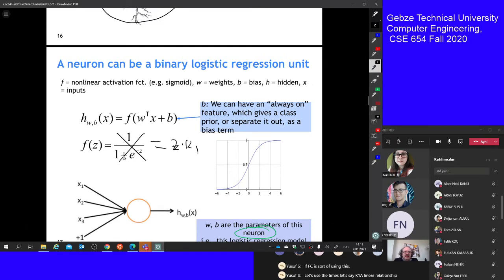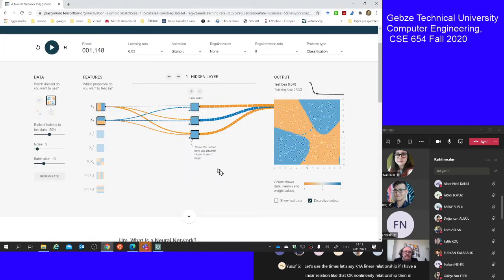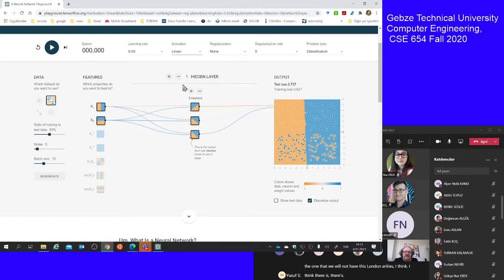If I have a linear relationship like that, then we will not have these nonlinearities. Doesn't matter how many you add in between them, whatever you do is going to be linear.